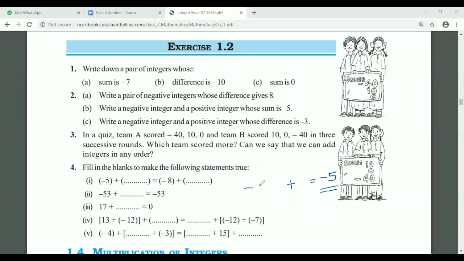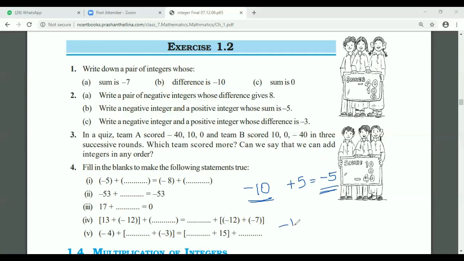Suppose you are taking -10. Then what will be the positive value? The positive value will be 5 less than this negative value. So you can take positive 5. Since the negative value is more, you will get a negative answer. So -10 plus 5, you will get -5. You can find so many examples like that.